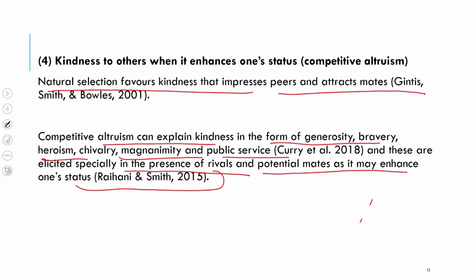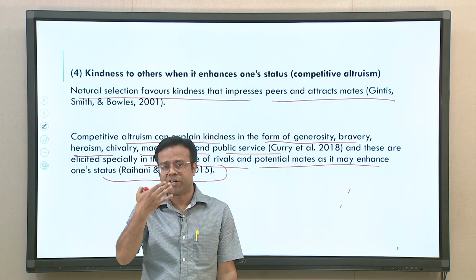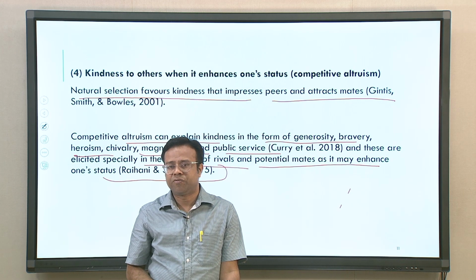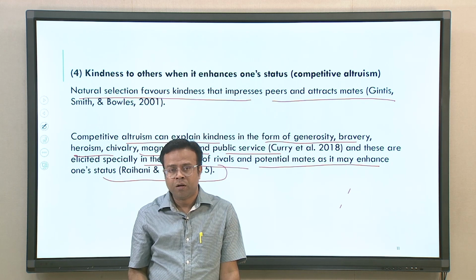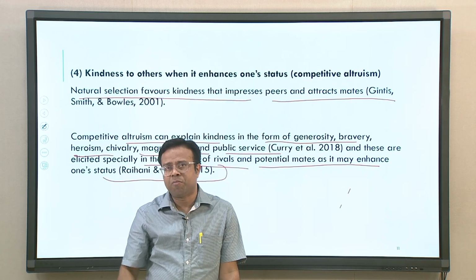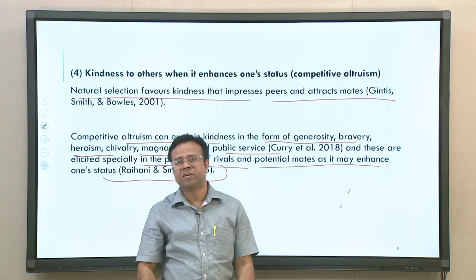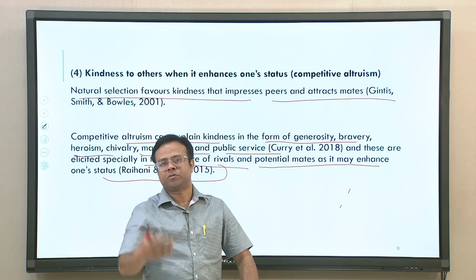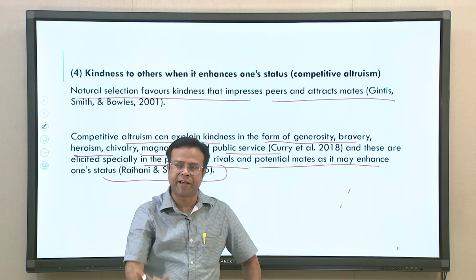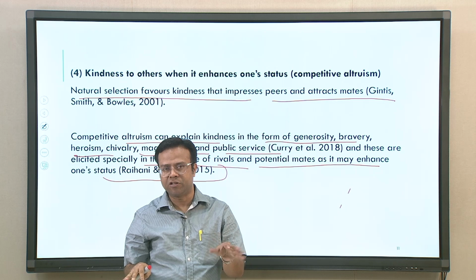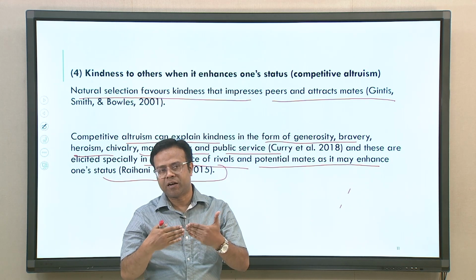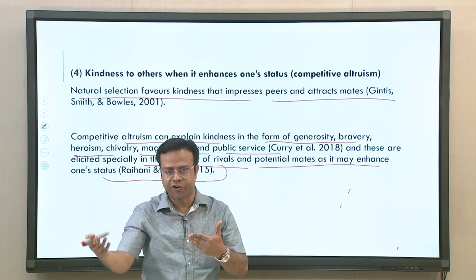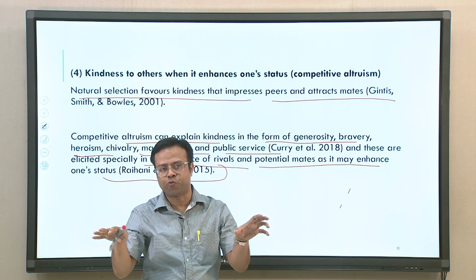So, these are some of the possible evolutionary mechanisms which promote kind behavior, altruistic behavior in a very limited sense, so that a species can pass on its genes to the next generation and, as a species, survive.